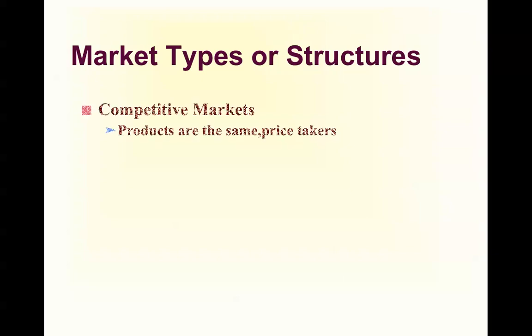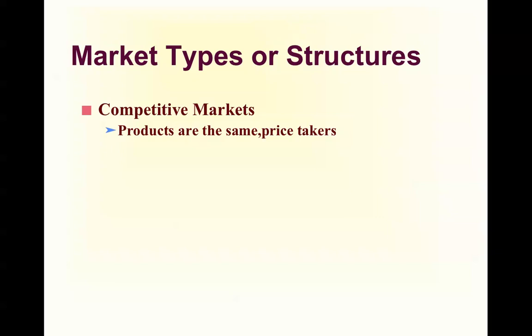Now, markets come in all different shapes and sizes. In economics, especially again microeconomics, we look in particular at 4 basic types of markets. Number 1, competitive markets.